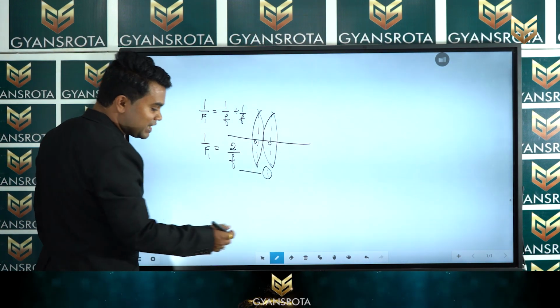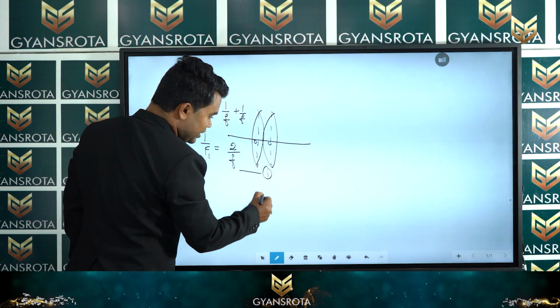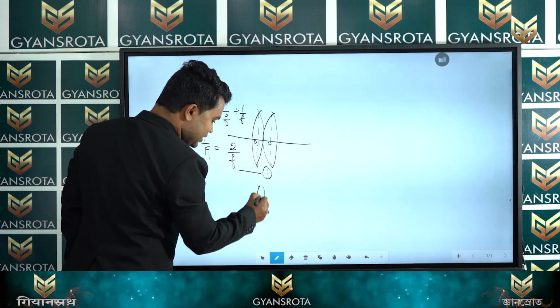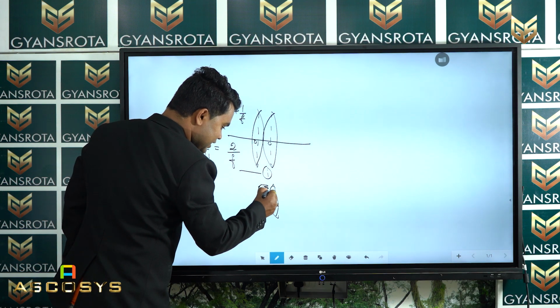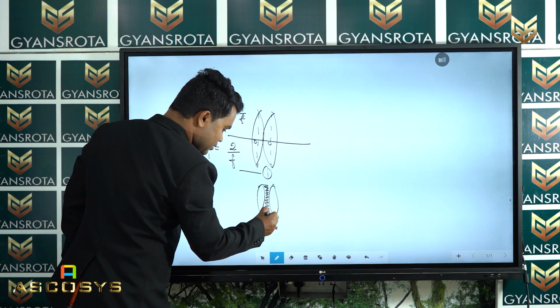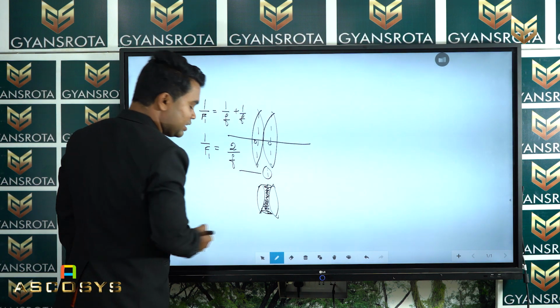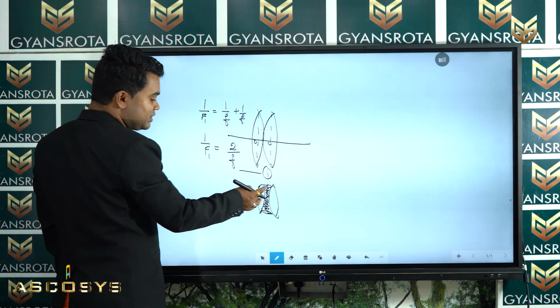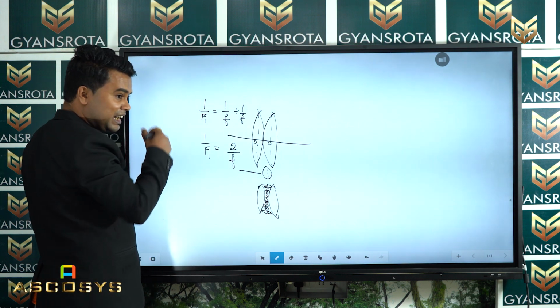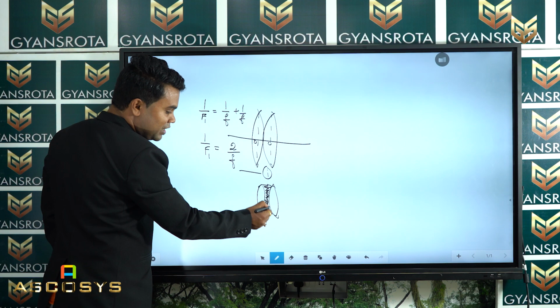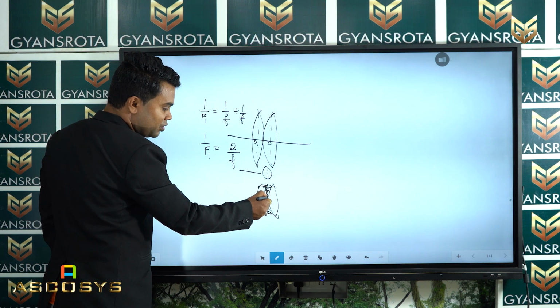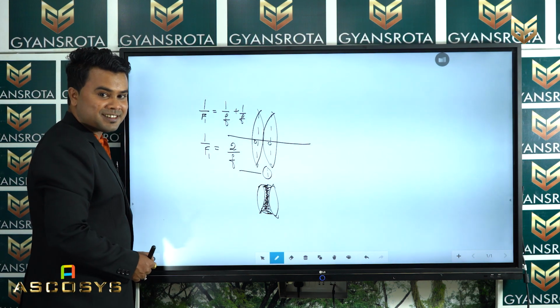Now a condition has arrived where I have lenses and in between there is glycerin. This is the glycerin, suppose, in between. This glycerin part acts like a divergent lens. Yes or no? If you see, it is forming a concave shape. So its focal length will be negative, right?